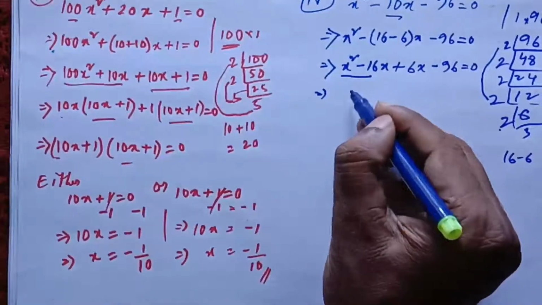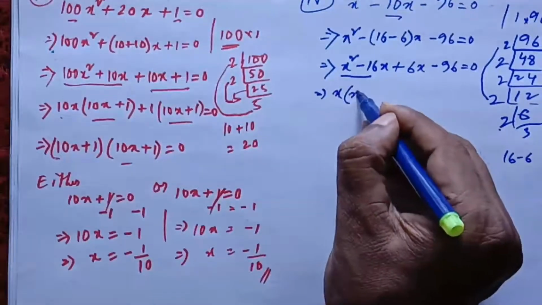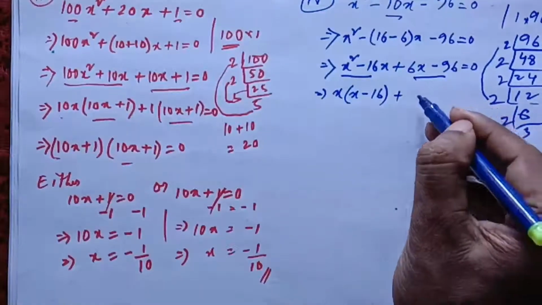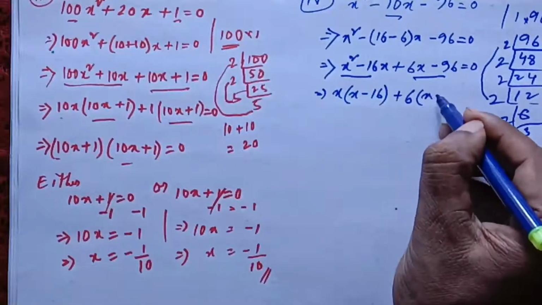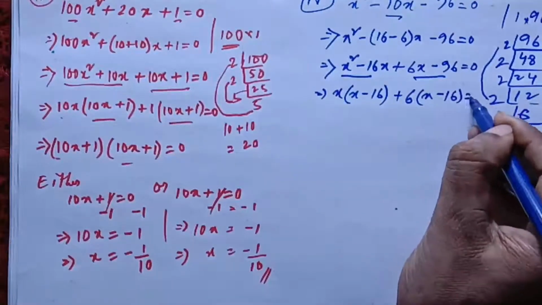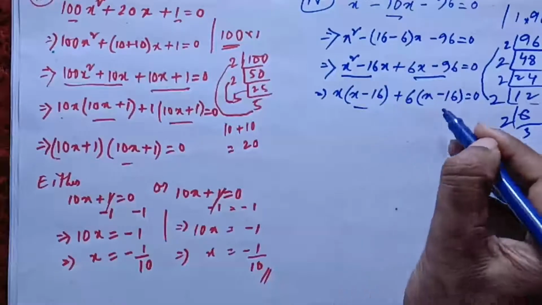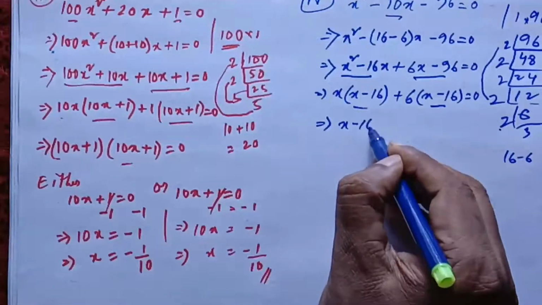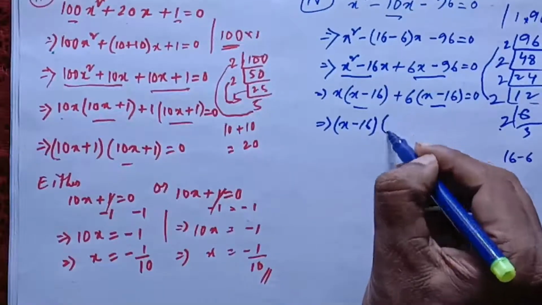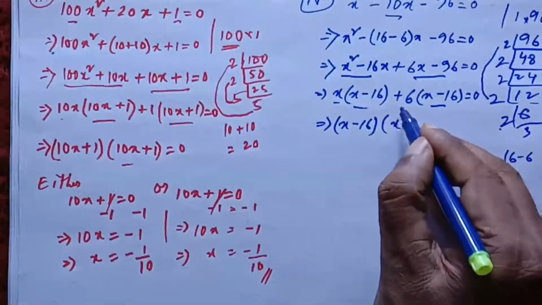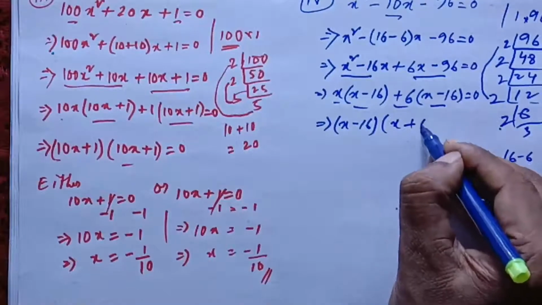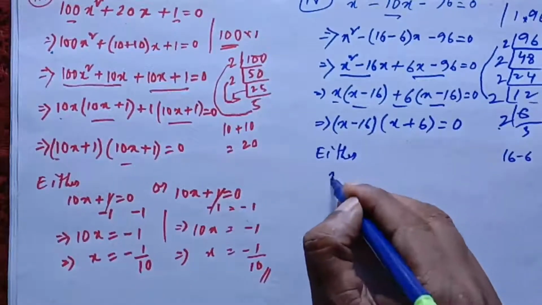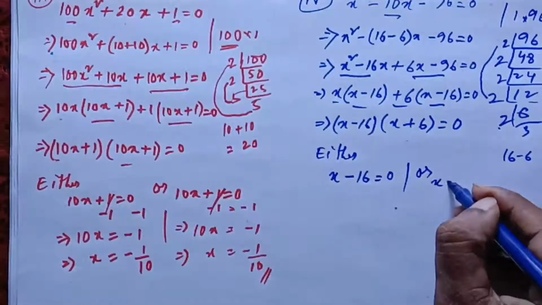From this part we can take x common, x minus 16. From these two we'll take 6 common, so it is x minus 16. x minus 16 is common here in both the cases, so x minus 16, here we are left with x and here we have plus 6 equal to 0. So either x minus 16 is 0, or x plus 6 is 0.